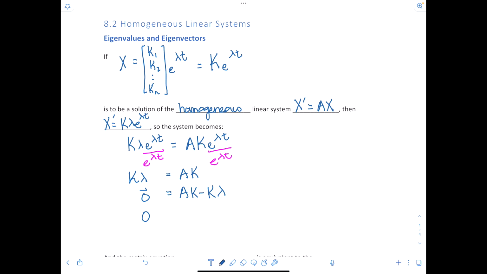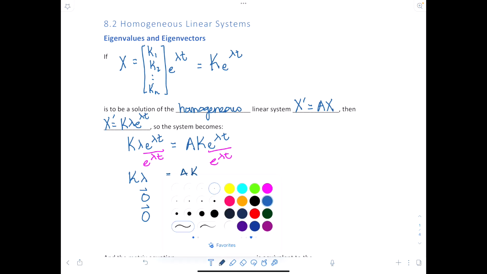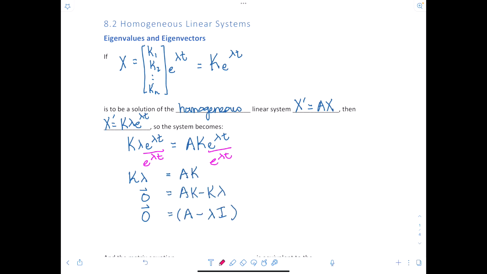Now, the zero vector will then be equal to A minus lambda times I. And this is because, just a little note, the K vector is equal to I sub n times K, the identity matrix.